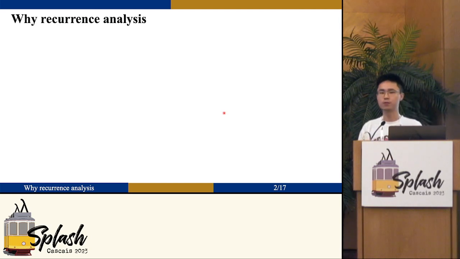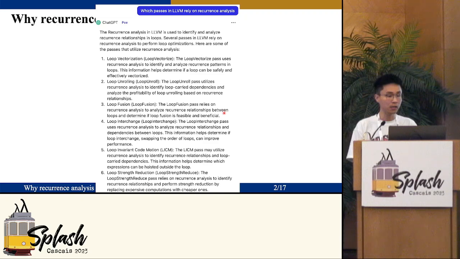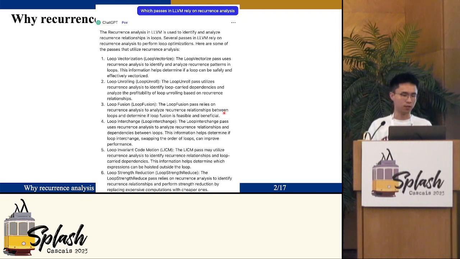Most of us are familiar with LLVM, which is a really powerful and popular compiler framework. I tried to ask ChatGPT which components in it make use of recurrence analysis, and here is the answer. You can see passes like loop vectorization make use of recurrence analysis.